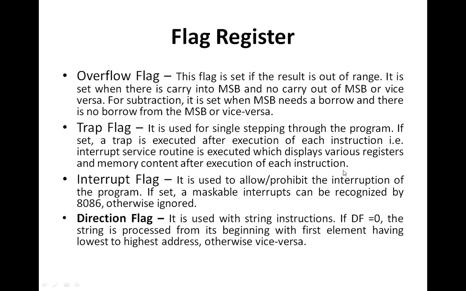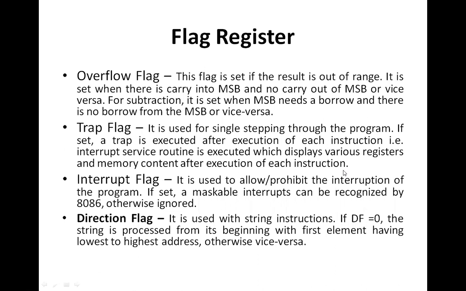Interrupt flag. In 8086, a facility has been provided whether any device can interrupt the processor or not. It means unless the interrupt flag is enabled, no device can interrupt the processing of the processor.